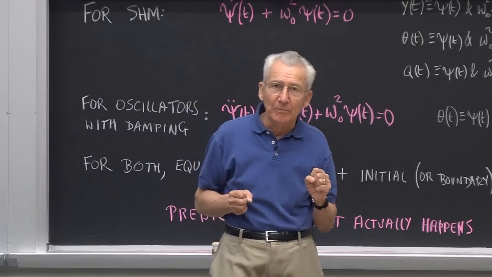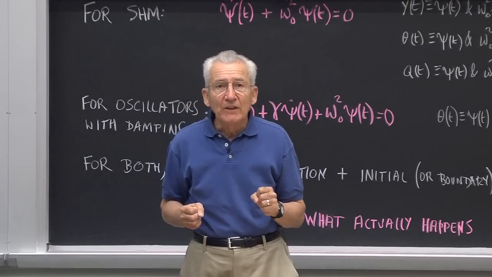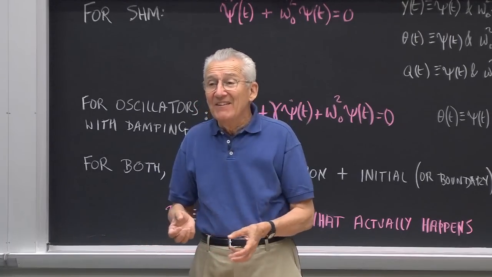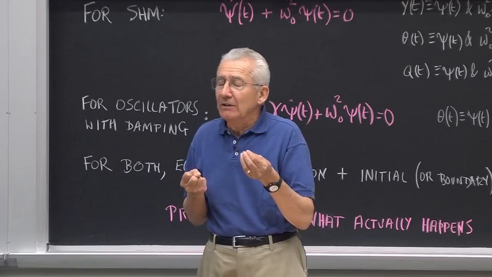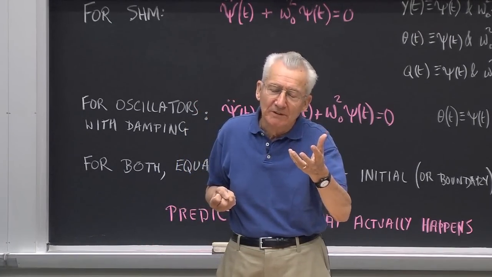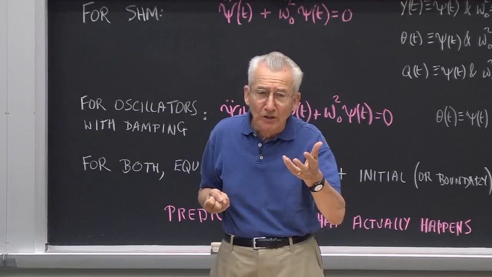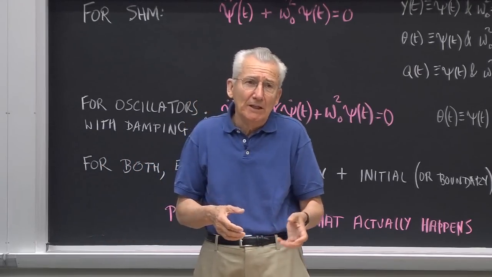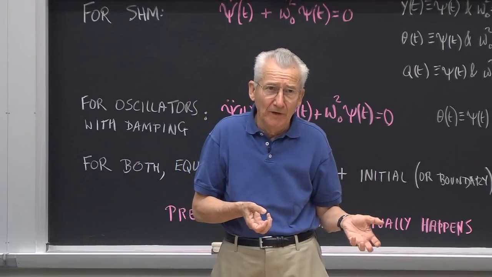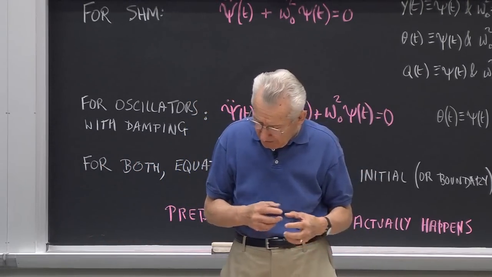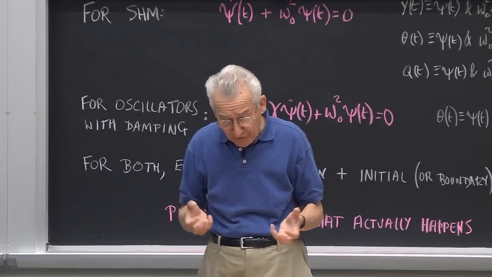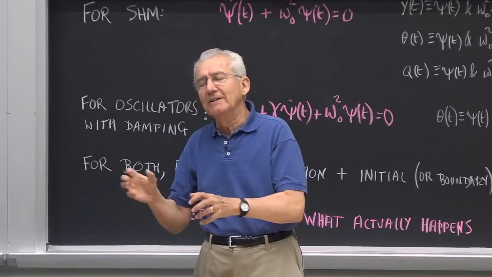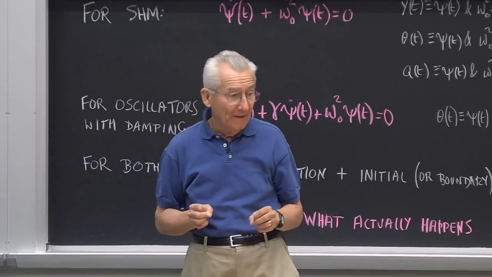But there is another number that's important, whether it's a good or a bad oscillator. Right? And it's obvious what is a good oscillator. A good oscillator is one that oscillates for a long time. A bad one doesn't oscillate very far, with a high frequency, which doesn't continue oscillating for a very long time.